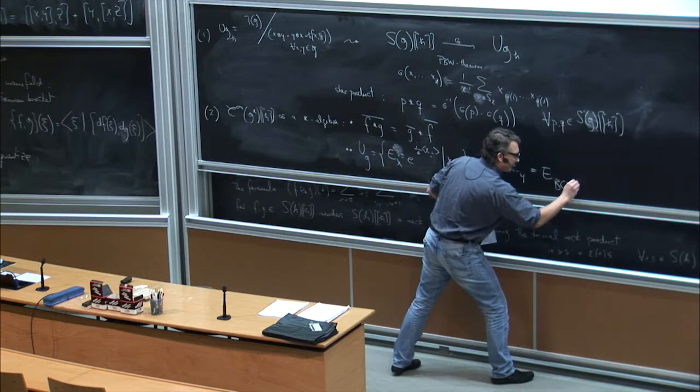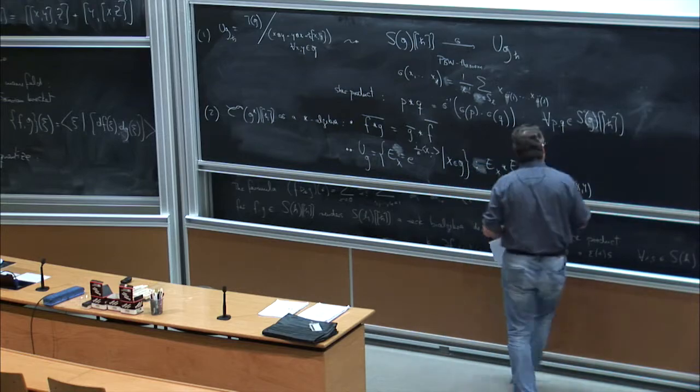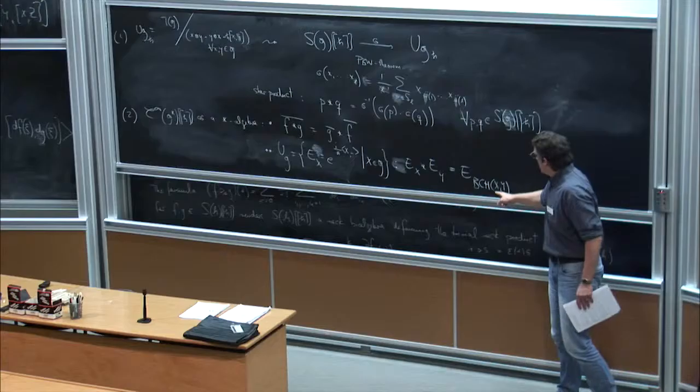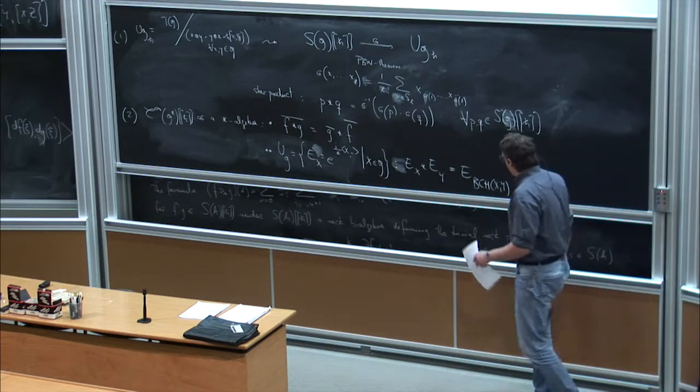And what comes in this group structure is the BCH formula, the Baker-Campbell-Hausdorff formula for elements in the Lie algebra.